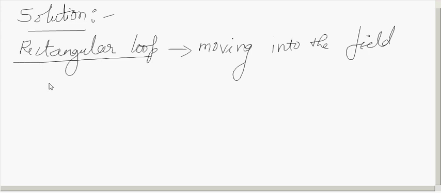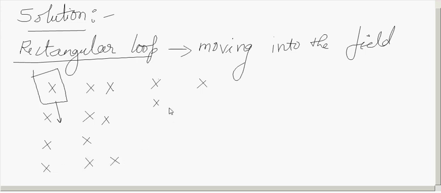Now for example, when the loop is here, it is cutting only one cross according to this figure, but when this is moved into the field, I'll just draw some more lines.